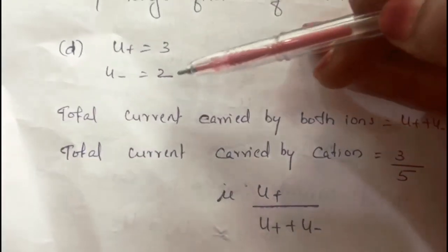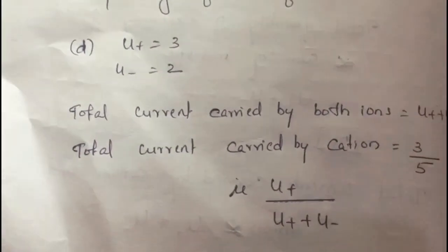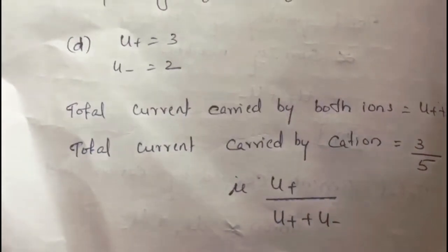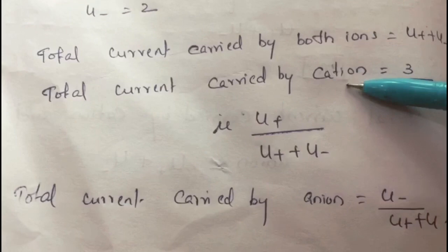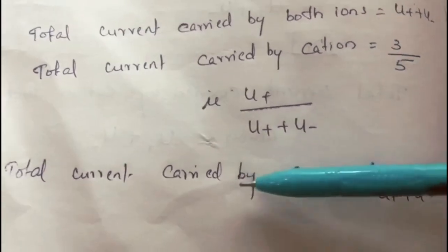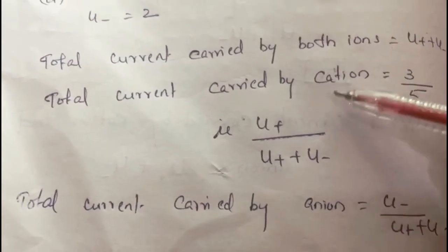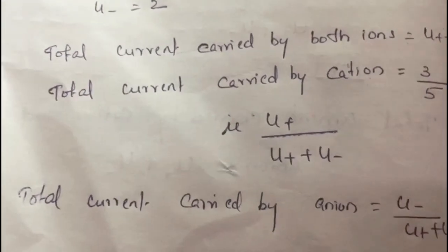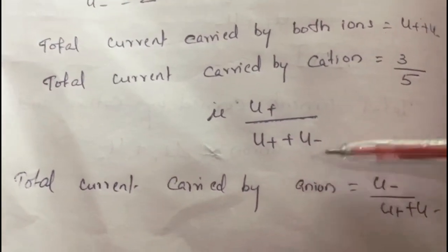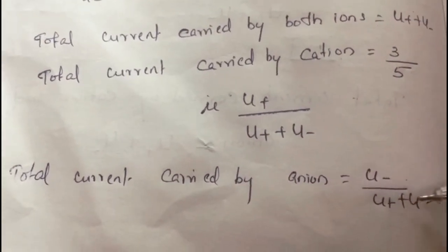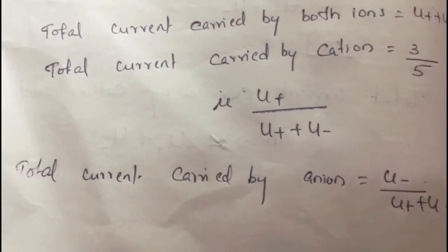That will be 2 divided by 5, so we can write U minus divided by U plus plus U minus. Now, what will be the total current carried by cation and anion? That will be U plus by U plus plus U minus, plus U minus by U plus plus U minus. The sum of these two will be 1.